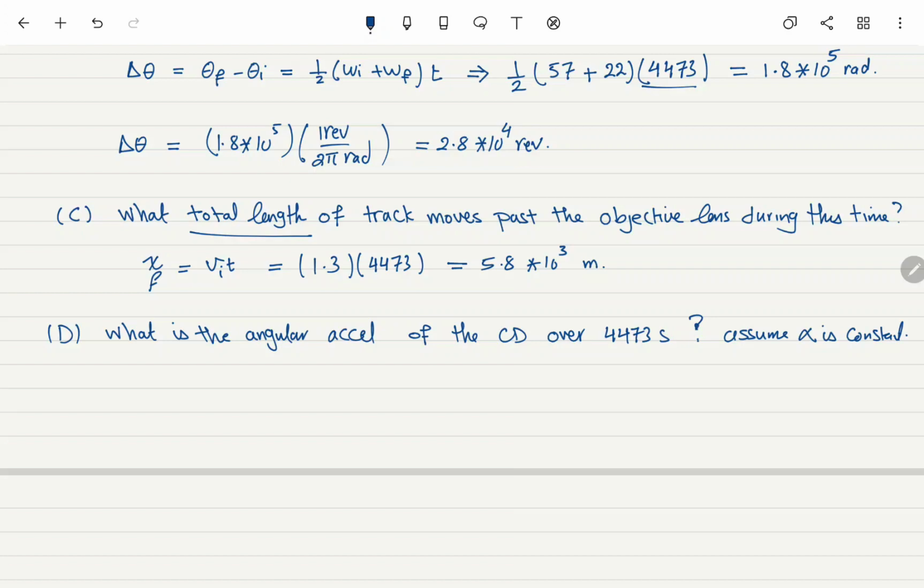What is the angular acceleration of the CD over the time interval 4,473 seconds, assuming that alpha is constant?